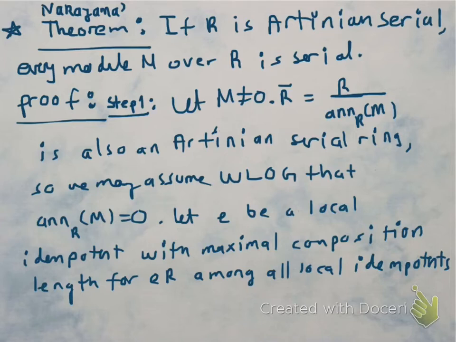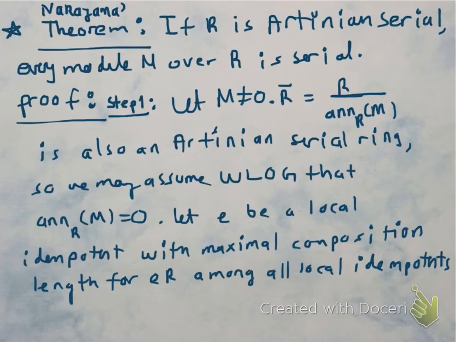Now we can search for an injective module inside M with respect to this new simplified R. In other words, the injective module we're going to find will not be an injective R module where R is the initial ring that we started out with, but it's going to be an injective R bar module, which now we identify with R by our simplified assumption.